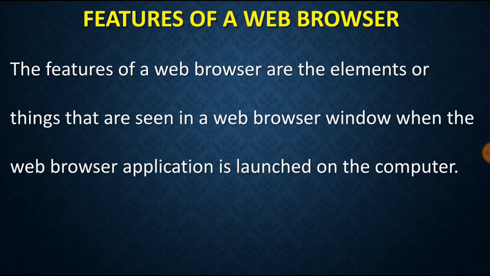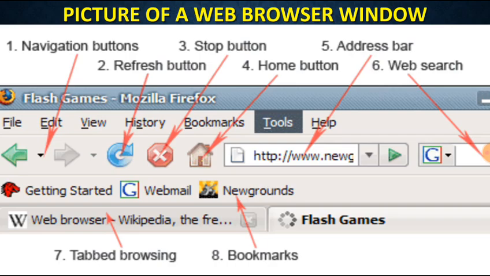We made mention of some of these commands or features. So let's look at some of them. So we have here a Mozilla Firefox window. And as we can see, we have many buttons or commands that can be seen within this window. Last week we made mention of the navigation buttons, which consist of the back and the forward button. We also made mention of the refresh button or the reload button.